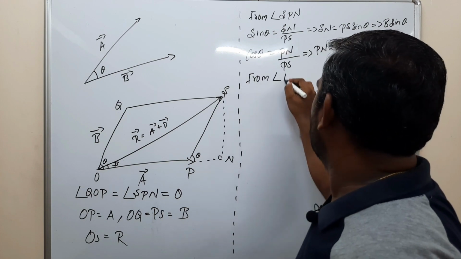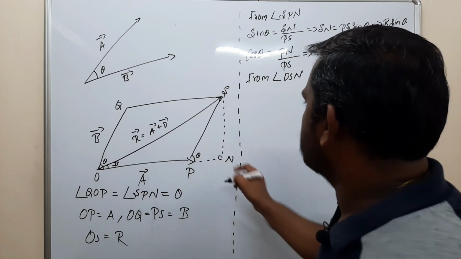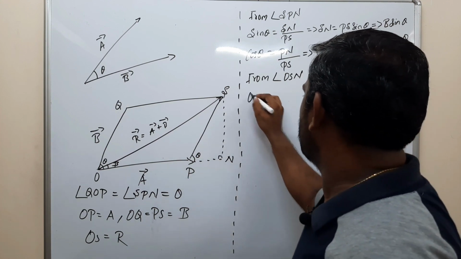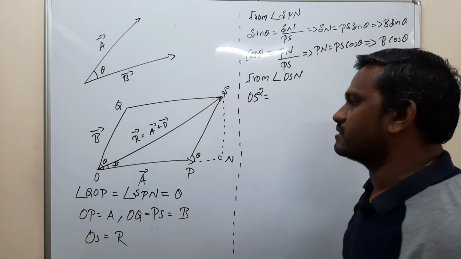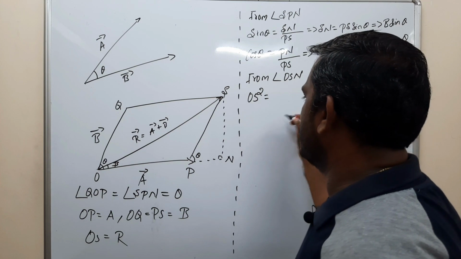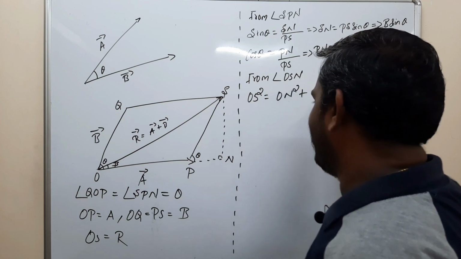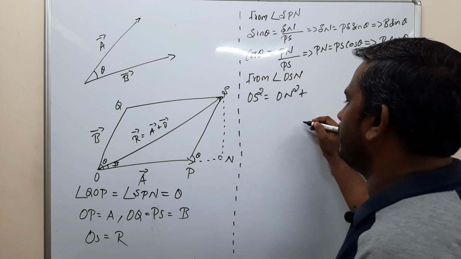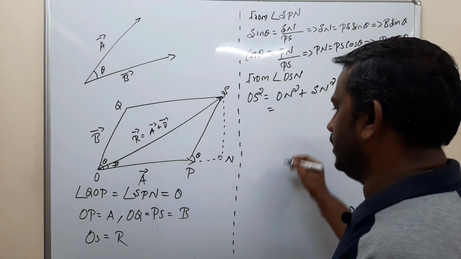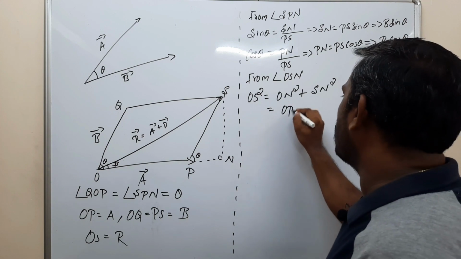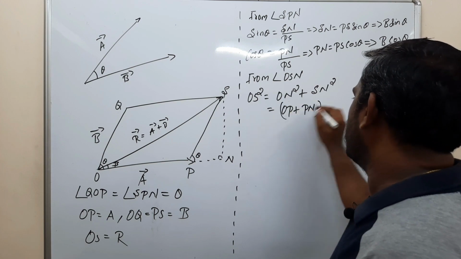Next I am considering the right angle triangle OSN. According to Pythagoras theorem, OS square is equal to ON square plus SN square. What is ON? That is OP plus PN.